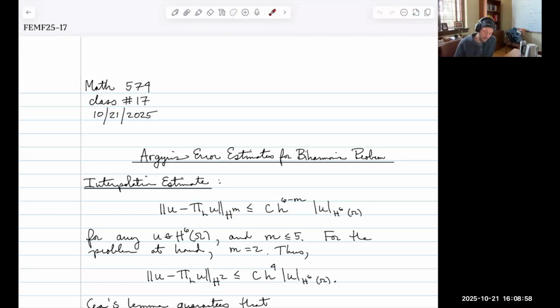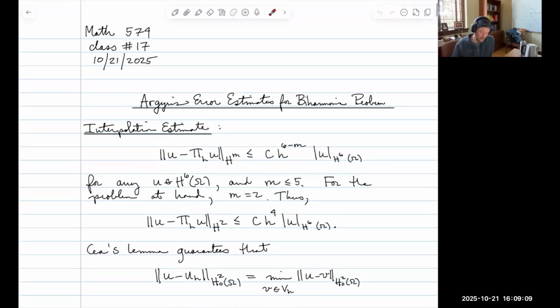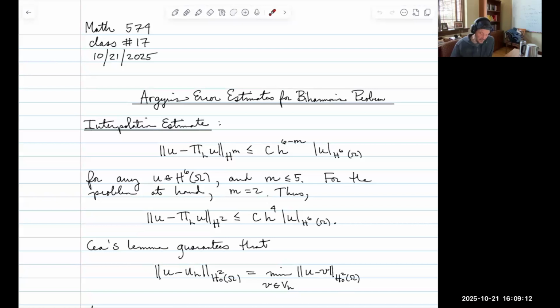All right, so just for a moment, we're sticking with the biharmonic problem. I hope you know what that looks like from the last lecture. We created an interpolant, and the interpolant was a projection into the space of piecewise polynomials of degree 5, such that the interpolant was also a C1 function.